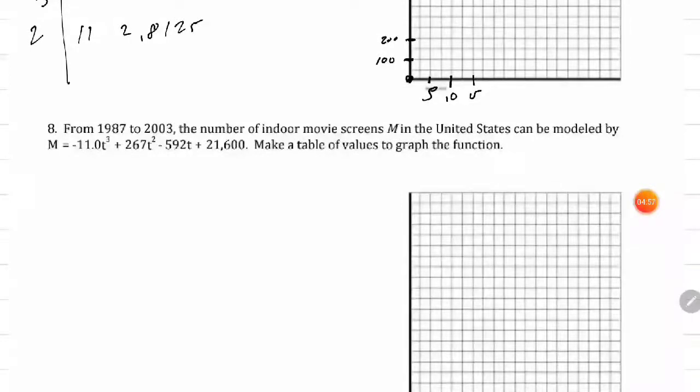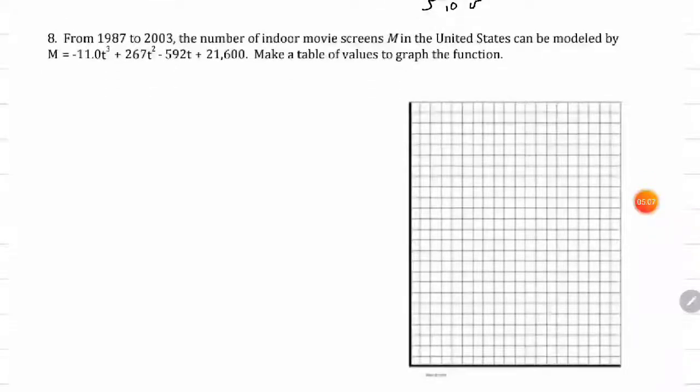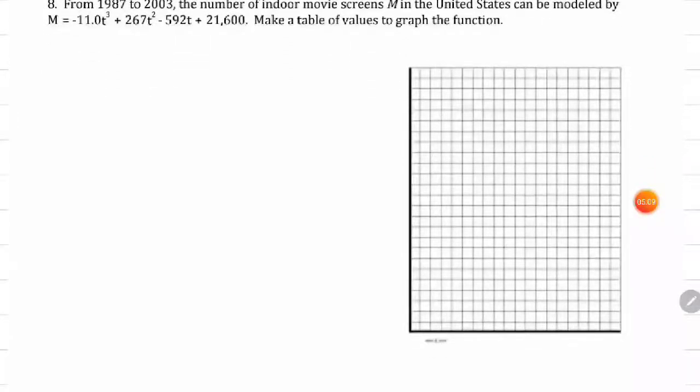From 1987 to 2003, the number of indoor movie screens M in the United States can be modeled by that weird, crazy equation. Make a table of values to graph the function. So, number of movies, and then years since 1987.